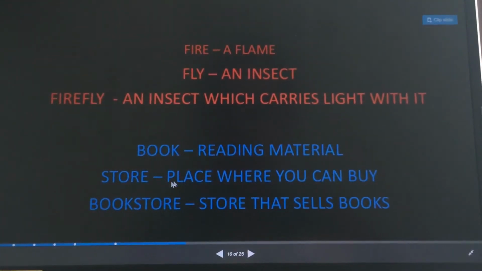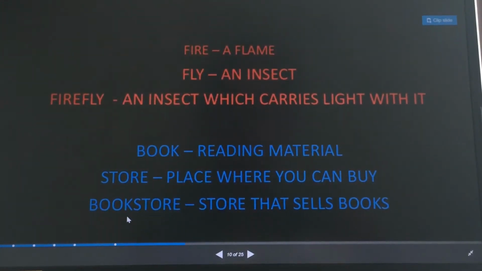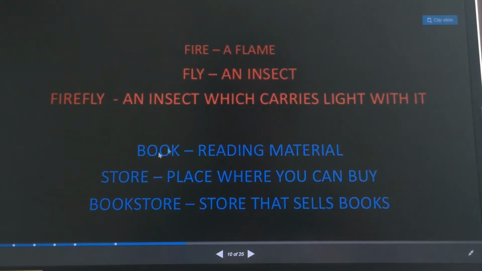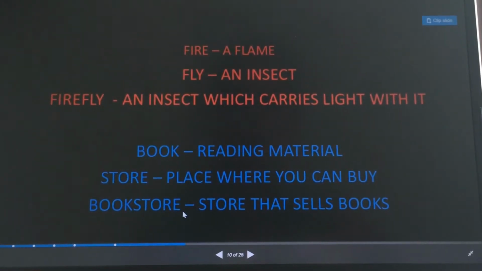Another example, we have book plus store is equal to bookstore, right? Bookstore is our example of compound word. It is formed from these two words, book and store. But when you look at these three words, they have different meaning.